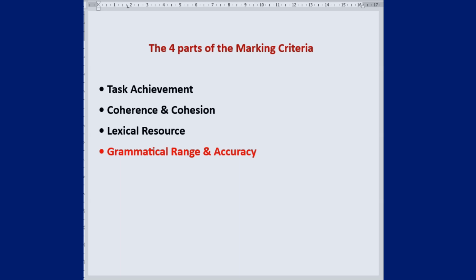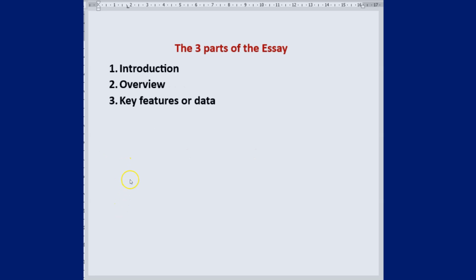So you are looking at the picture and you are converting these pictures into a text for the person to read and understand. As part of the task, you will have to divide your paragraph into 3 forms. So your essay will be broken down into 3 parts. Basically, you have the introduction, you have the overview, and you have the part which is also showing the key features and illustrated data.